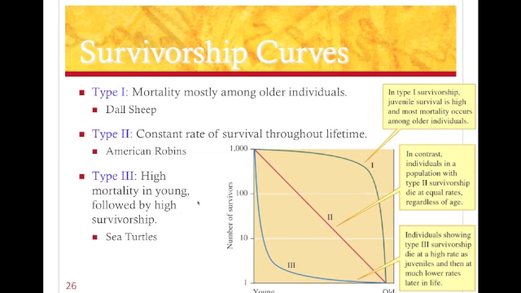That is to say, it doesn't matter how old an American robin is, the survivorship at all ages tends to be the same. And then type 3, that's where you have huge mortality in the young, followed by high survivorship. Sea turtles are a great example, where only about 1% of all those eggs that are laid actually becomes a sea turtle that is able to reproduce on its own.